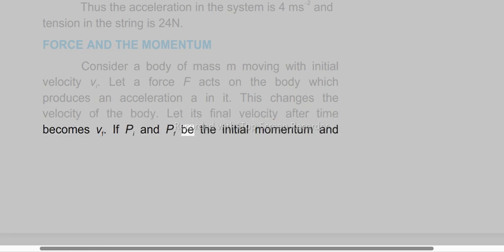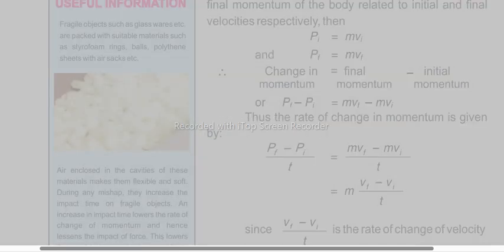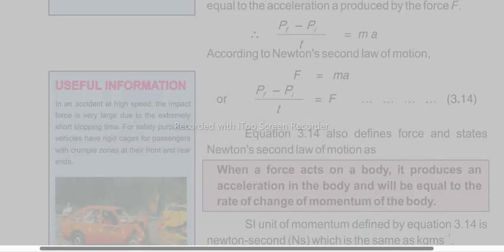If pi and pf are the initial momentum and final momentum of the body related to initial and final velocities respectively, then the rate of change in momentum is given by the following. Since the change in velocity over time is the rate of change of velocity, it equals the acceleration produced by the force F, according to Newton's second law of motion.